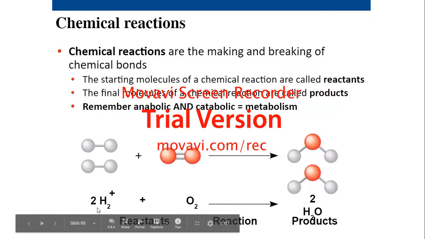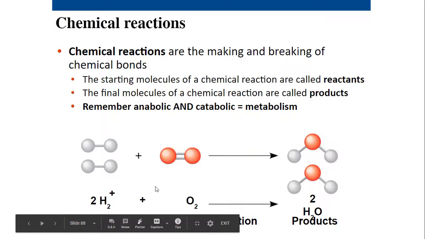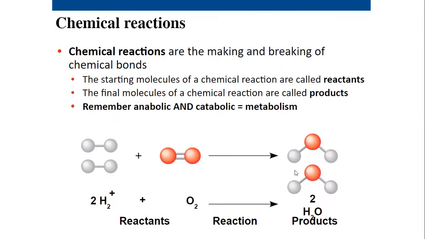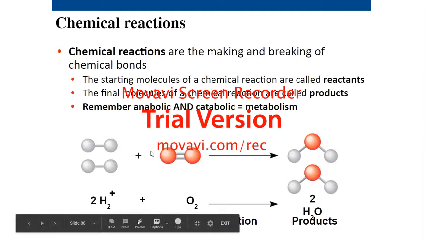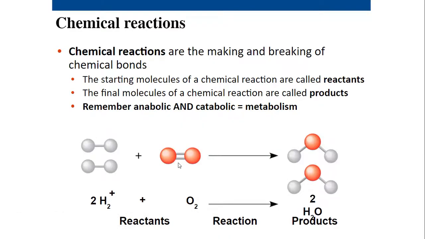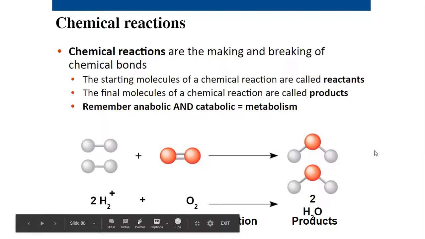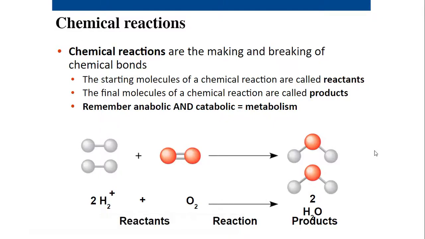In this case, you have two molecules of hydrogen gas plus one molecule of oxygen, and you form two water molecules. What happened during this chemical reaction is you broke bonds and formed new bonds, but you still have the same number of atoms: the same number of hydrogen atoms, which is 4, 1, 2, 3, 4, and the same number of oxygen atoms, which is 2, 1, 2, but they're in different chemical bonds.